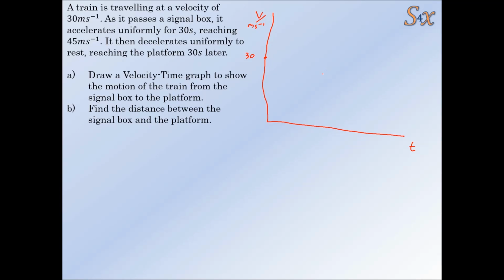So as it passes the signal box, which we'll draw right at the start, it accelerates uniformly for 30 seconds. So we can draw that something like this. And that takes us up to 45 meters per second. And that takes 30 seconds.